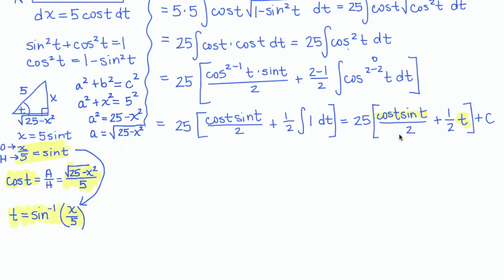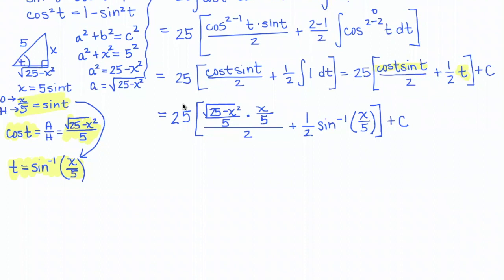I'm going to go back to my antiderivative and substitute all of these pieces in. And last, I'll want to distribute this constant of 25 into both the first term and the second term.